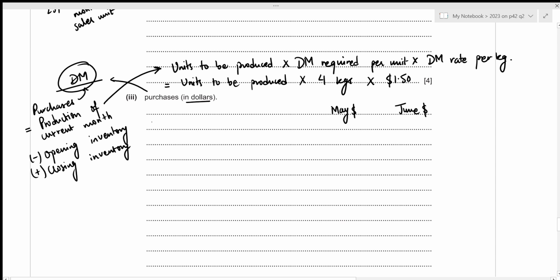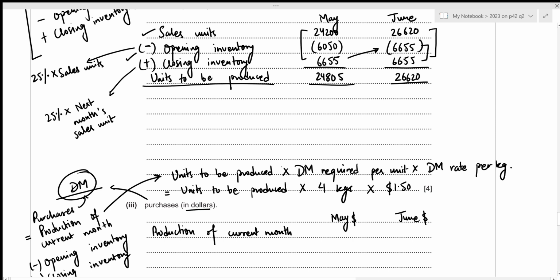Let's start with the production of current month. Okay, so for the month of May, we have to start with the units to be produced in that month, which is 24,805 times 4 times 1.5, which results in the value of 148,830. We then repeat the same process for June.